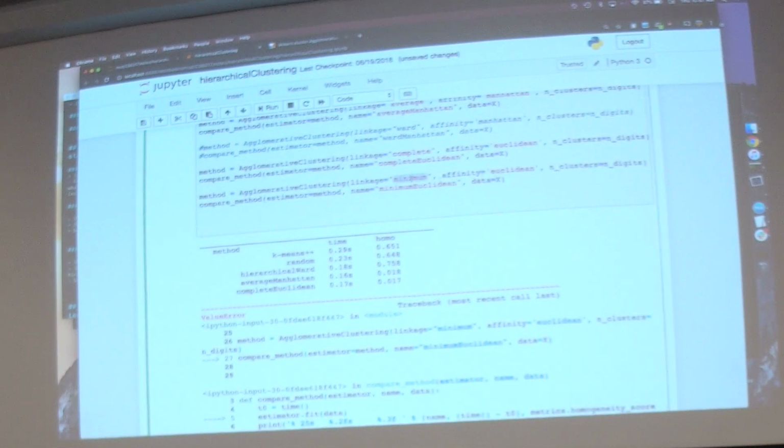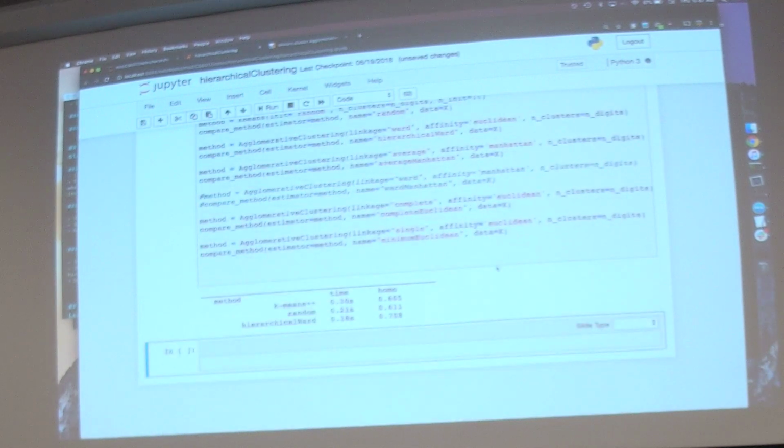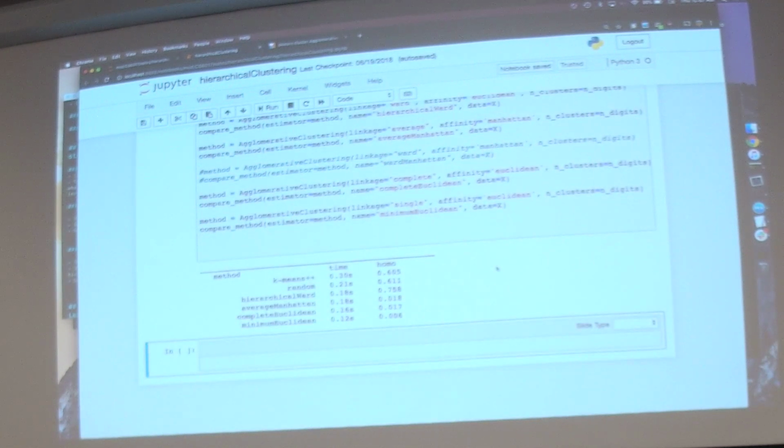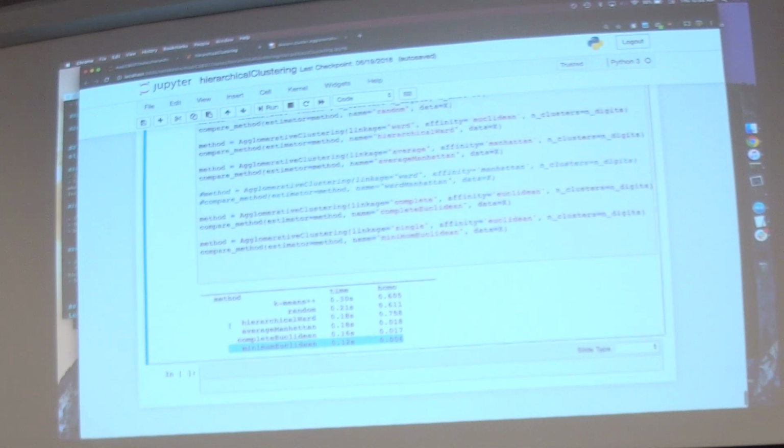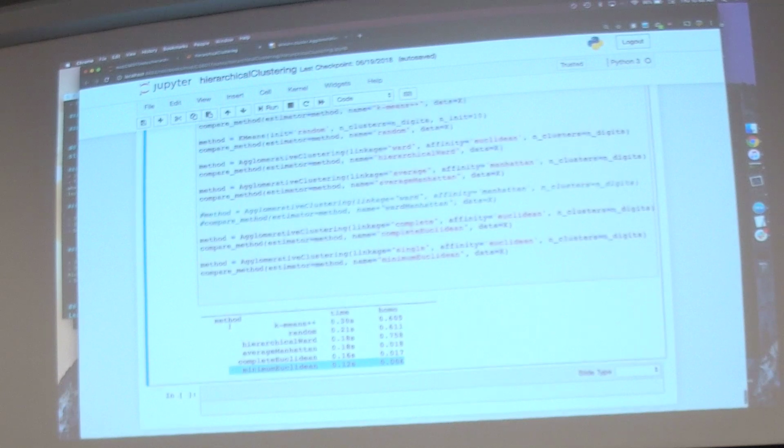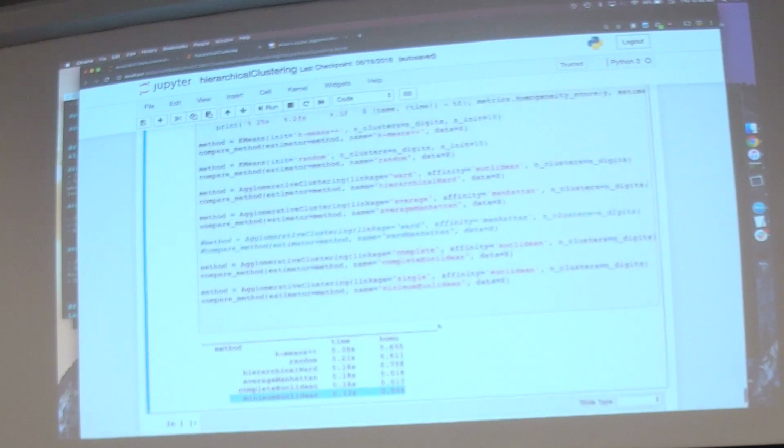The minimum Euclidean is really bad. Wow, those are incredibly bad. That's a bit surprising to me.